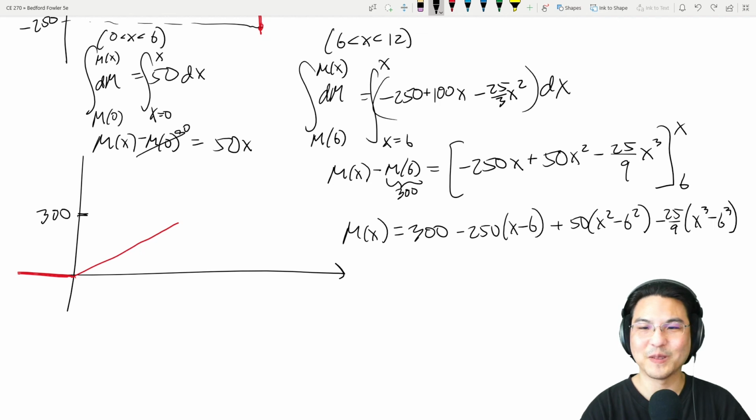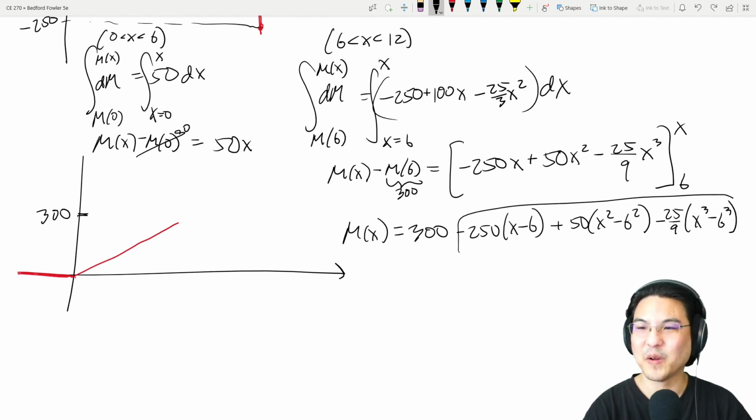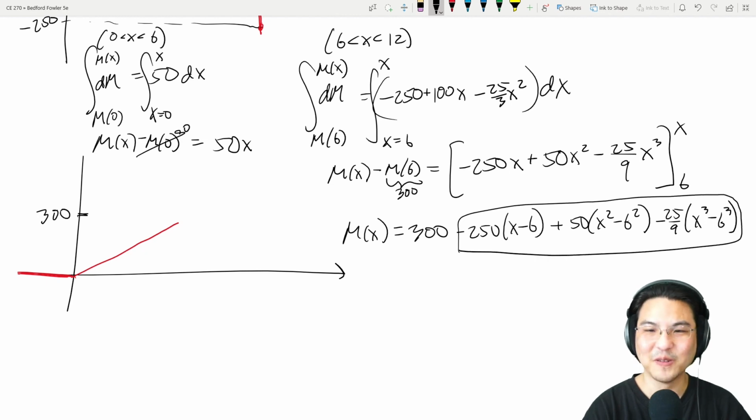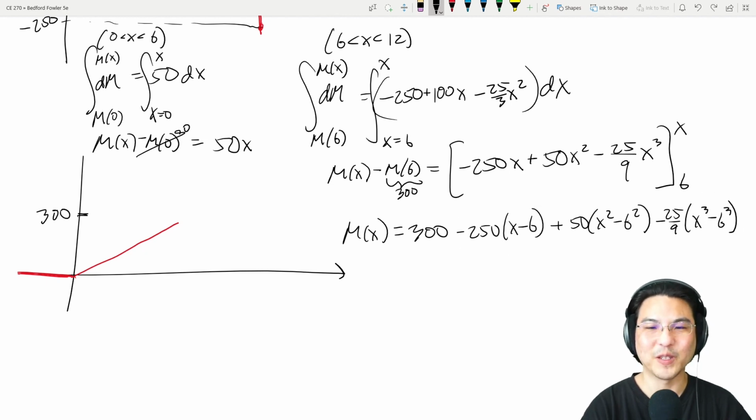So at x equal to 6, it's easy to see how all of this just becomes 0. So at x equal to 6, it's 300, which is exactly right here. So it matches up. And then at x equal to 12, if you plug in the number, this whole thing is actually going to be 0.